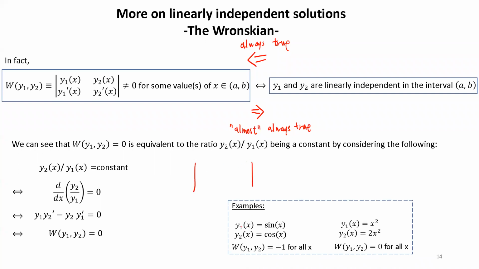Then y1 is sine of x, y2 is cosine of x, and y1 prime would be cosine of x, and then y2 prime would be minus sine of x.